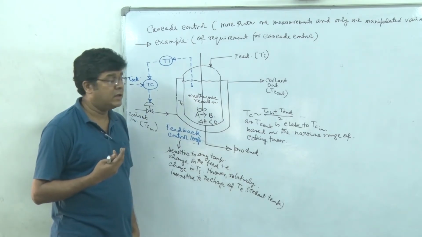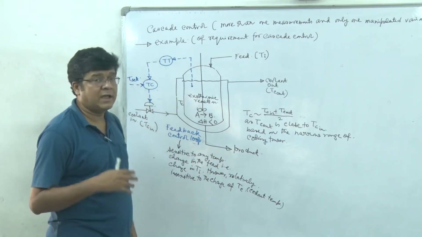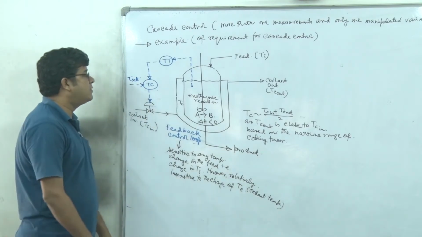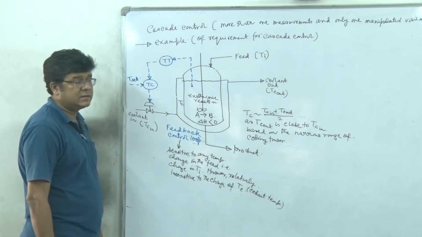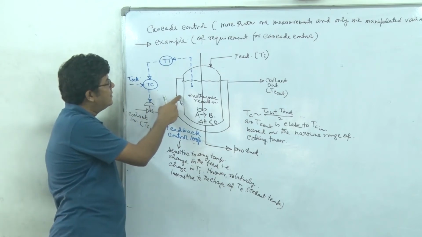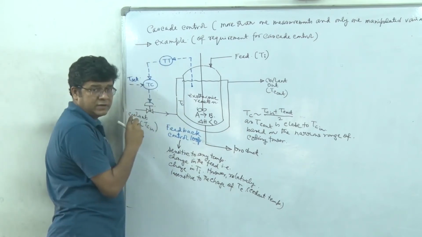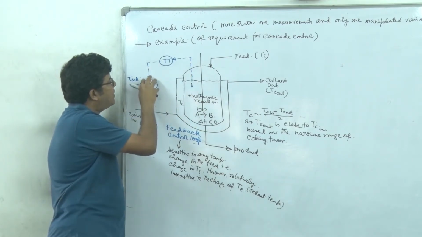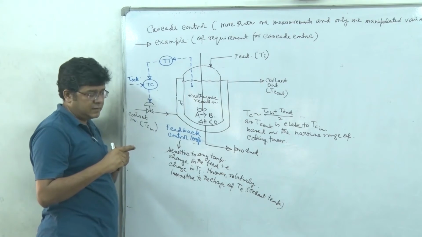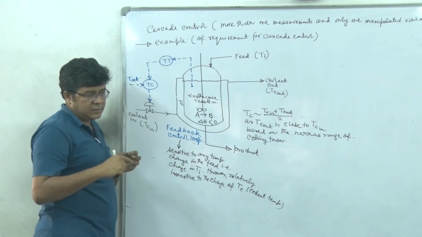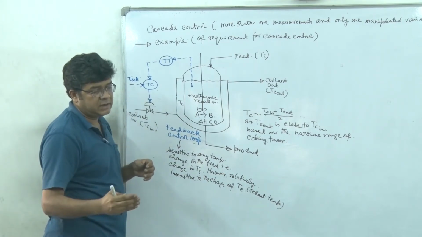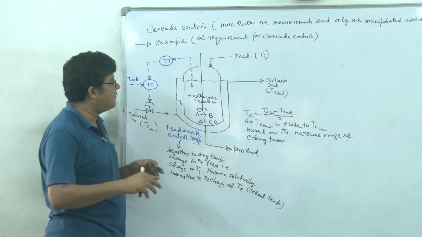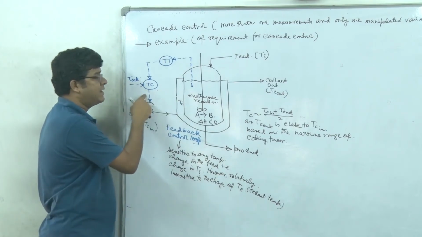We want to correct it. So we have to think differently. My control philosophy is to be changed. So we will go for measurements of both T and Tc. And here we will be using two controllers. Like if I am measuring T feeding to this controller, right? This controller will generate what should be the coolant flow rate, right? It will generate a signal, which will be serving as a set point for the second controller.